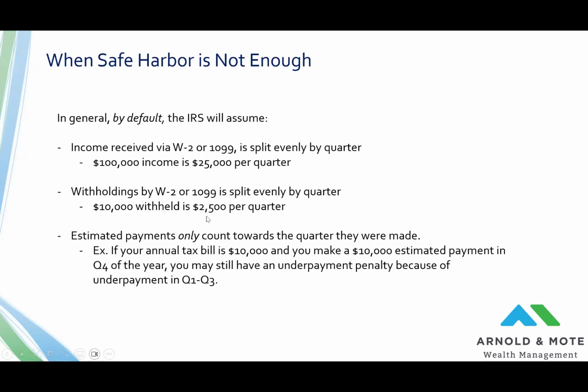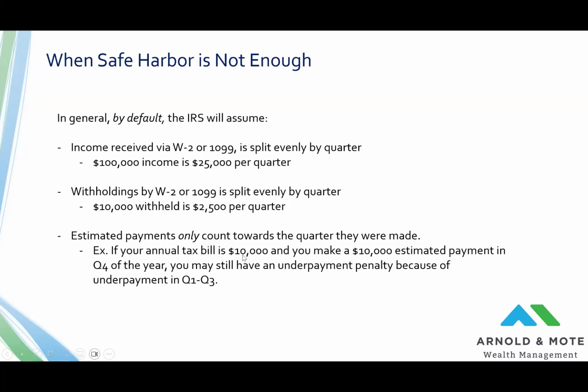If you did it through IRA withholding, or if you really increase your workplace salary withholding at the very end of the year, the IRS is going to spread it out evenly for you. But estimated payments only count towards the quarter that they were made.